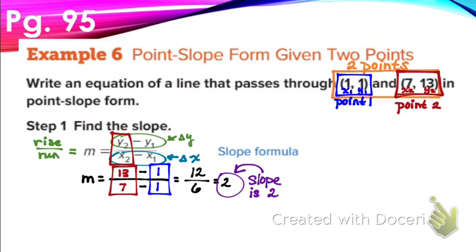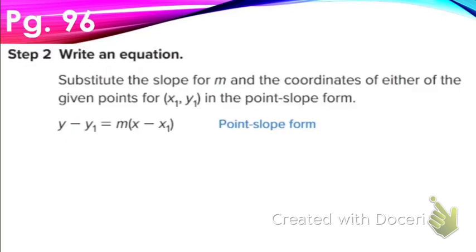We need to take that information, turn the page, and finish this problem. Rest of this is on the top of page 96. All right. We know that the slope is 2.